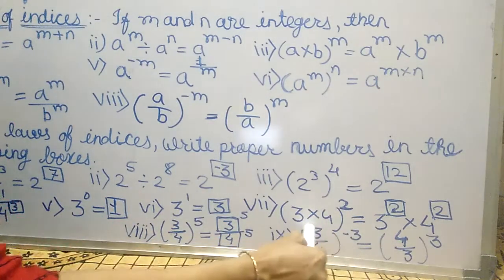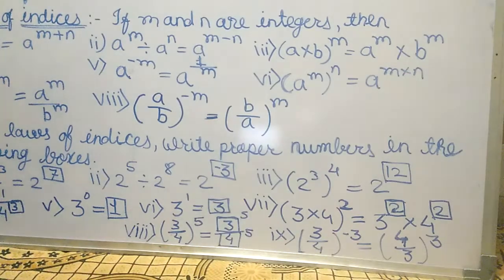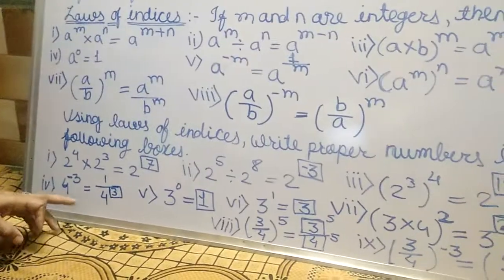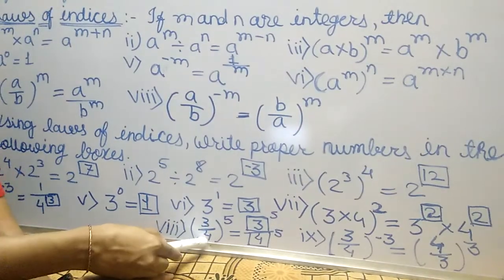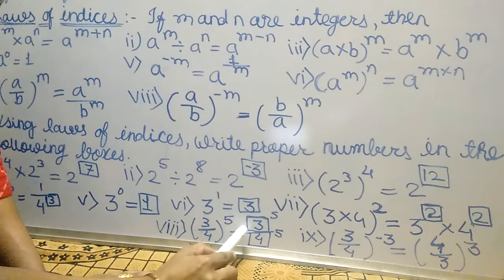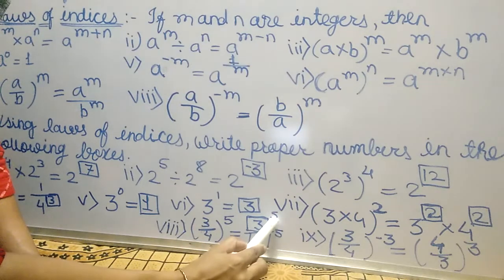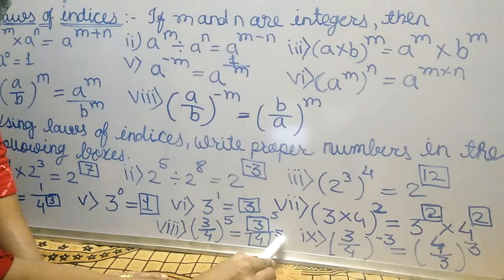We have to split both the numbers out of this bracket. Now next, 8: 3 by 4 to the power 5. For numerator 3, the power is common 5, and 4 as the denominator, again this common power 5 we have to give here.